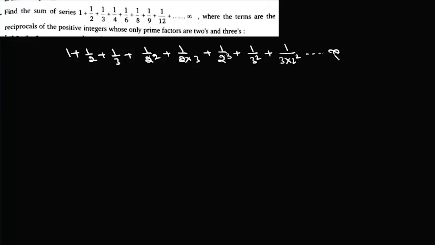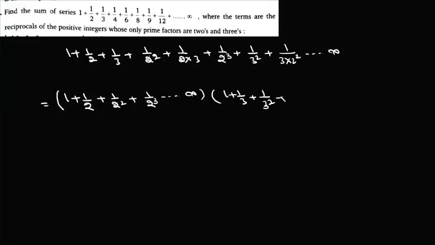2's and 3's. Now we know that such a series can be made using the product of these two series: 1 plus 1 by 2 plus 1 by 2 square plus 1 by 2 cube up to infinity, into 1 plus 1 by 3 plus 1 by 3 square up to infinity, and both of them are infinite GPs with r less than 1.